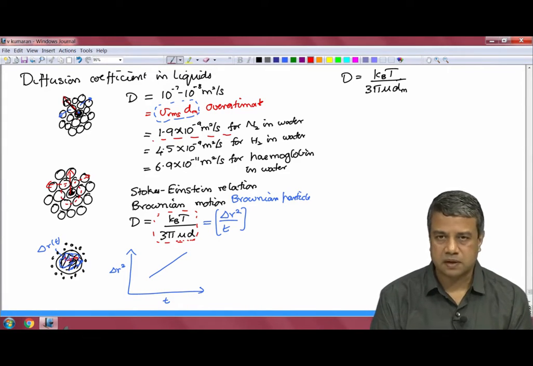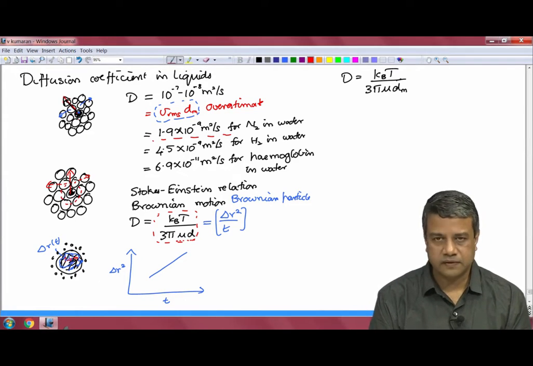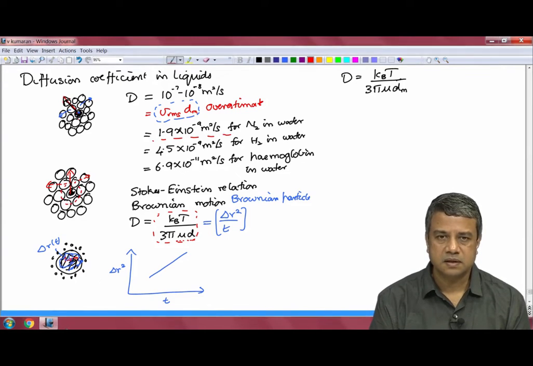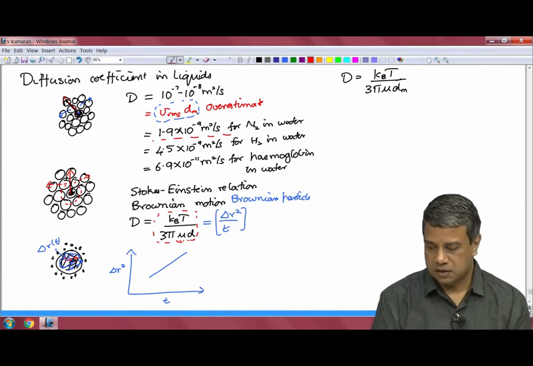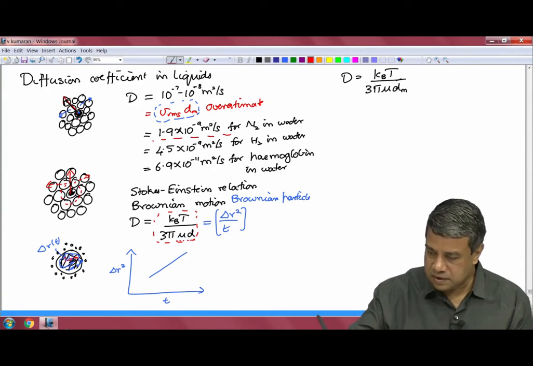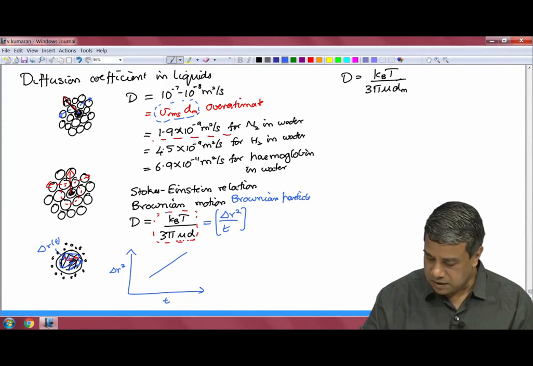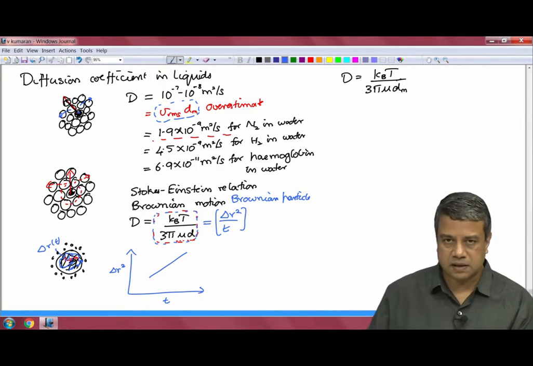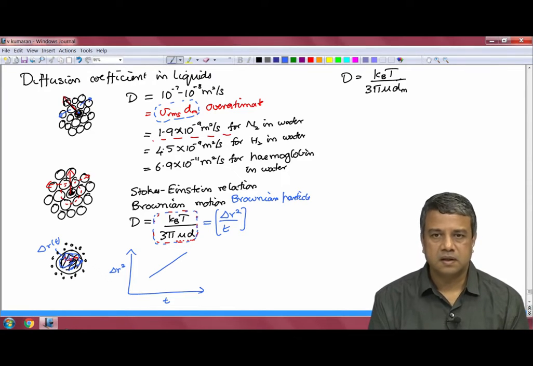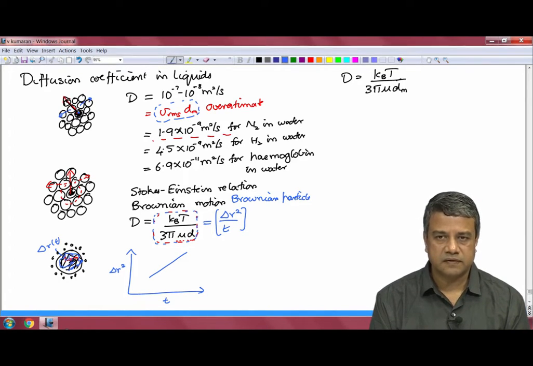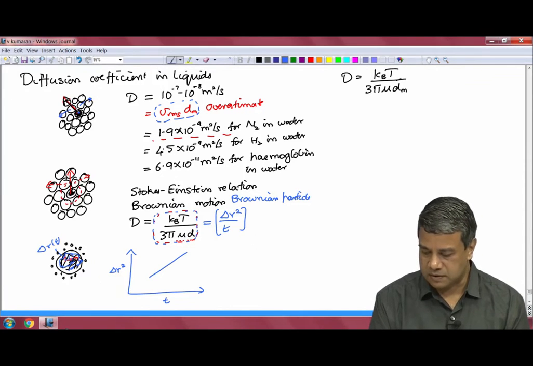We had examined one way of calculating these, which is to use the Stokes-Einstein relation for the Brownian motion of a colloidal particle. This relation gives you the ratio of the mean square of the distance travelled and time. For a Brownian particle in a fluid, the mean square of the distance travelled is proportional to time, and that ratio is the Brownian diffusion coefficient.